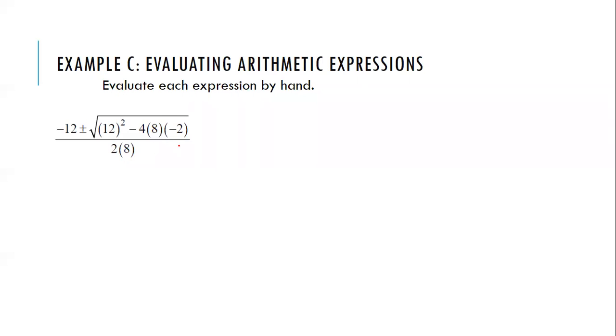Okay, so evaluating this, you had a lot to do with parentheses on the inside, right? So you had negative 12 plus or minus the square root of 12 squared, which was 144, minus 4 times 8, which is 32, times negative 2, all over 16. Continue to evaluate.